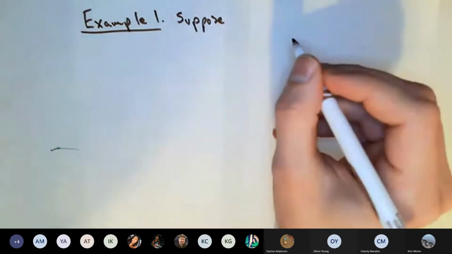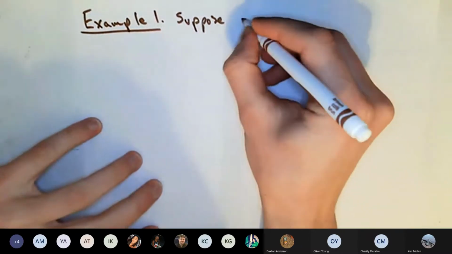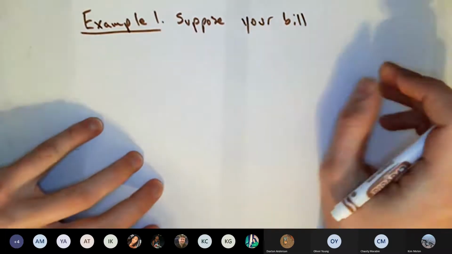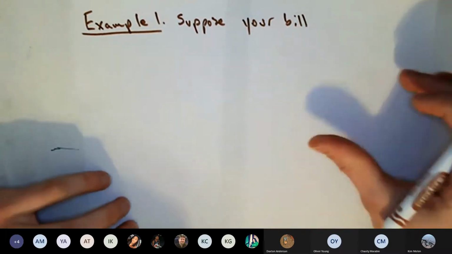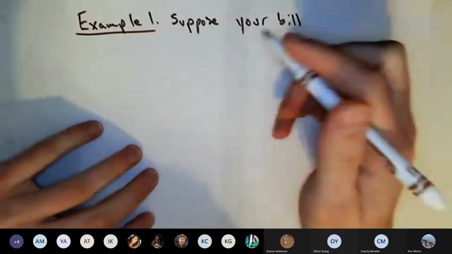Let's see. No, I need to do that after we talk about taxes. So never mind. This one's going to be kind of the same, and then we'll talk about sales tax, and then I'll put together a more complicated, more involved example. But let's just start with baby steps here.